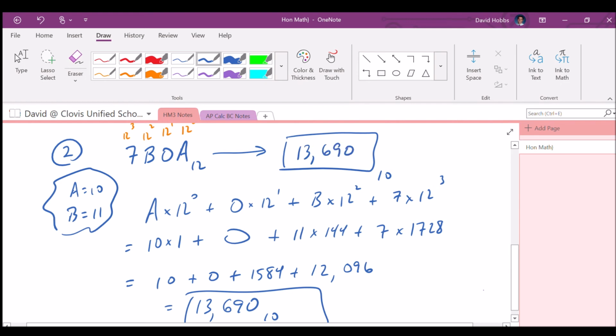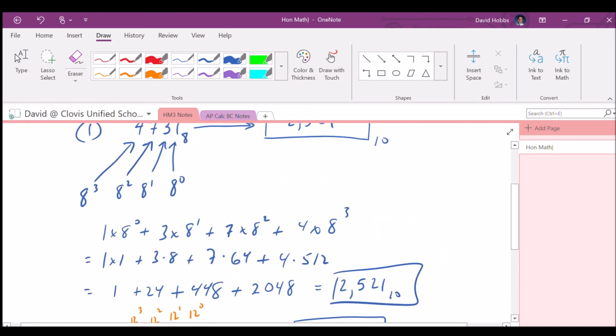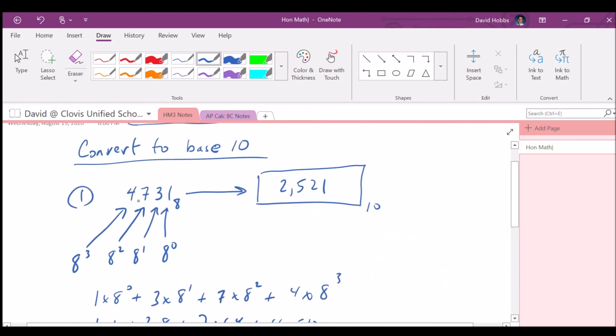Okay, now something that you will notice when you have a number that's a base bigger than 10, then probably it will be more digits long when you put it into base 10. On the other hand, if you have something that's in a base smaller than base 10, then it's going to be the same number of digits, or it might actually even be shorter, fewer digits than what the original number was.